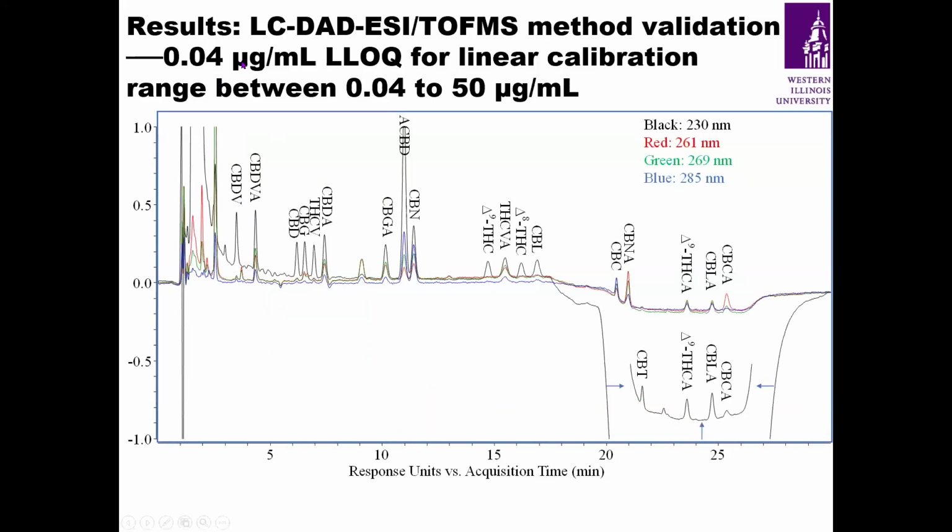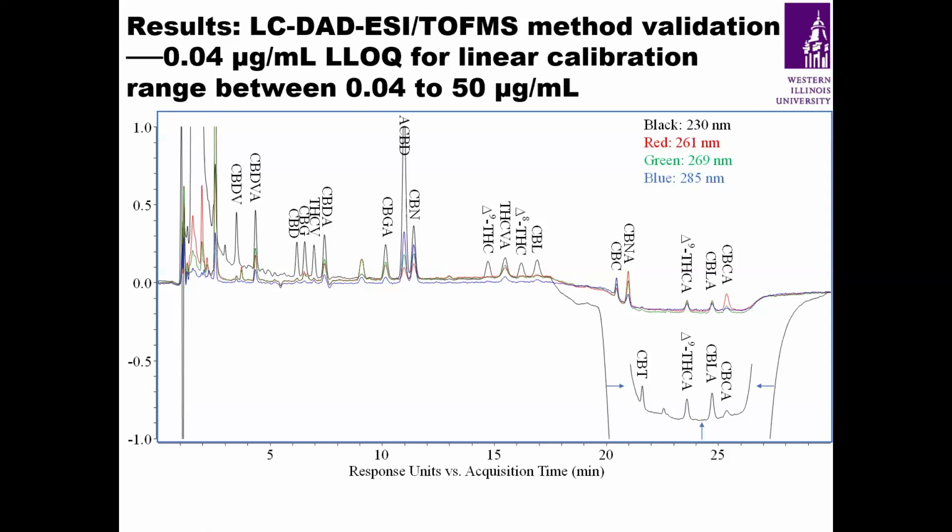Here, 0.04 microgram per milliliter LLQ for linear calibration range between 0.04 to 50 microgram per milliliter is demonstrated in this chromatogram. Again, if you have a mobile phase change, you are going to expect drifted baseline.